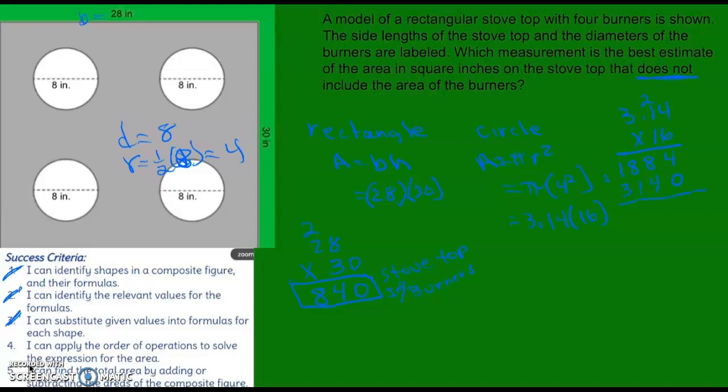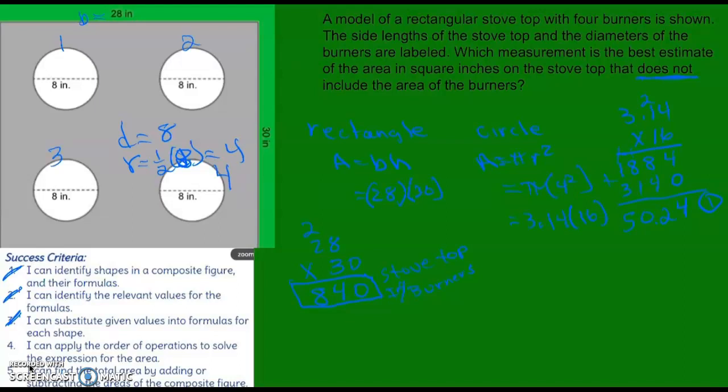Because that's just 1 times any number, just gives you the number back. This becomes 4, 12, carry the 1, 10, carry the 1, 3, 4, 5. So it gives me 50.24. But remember that is one burner. Okay, I need the area for 1, 2, 3, 4 burners.